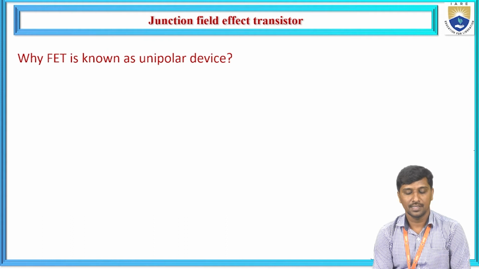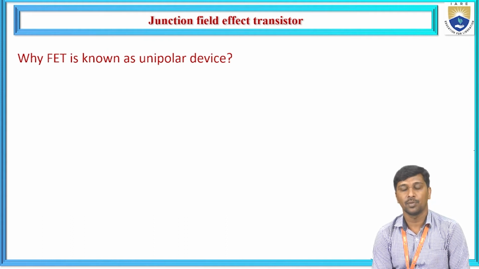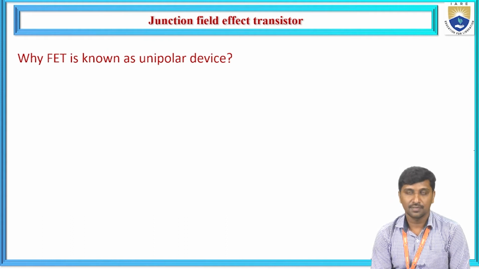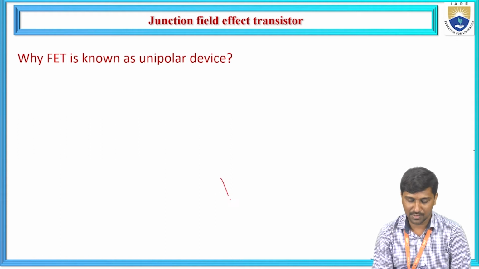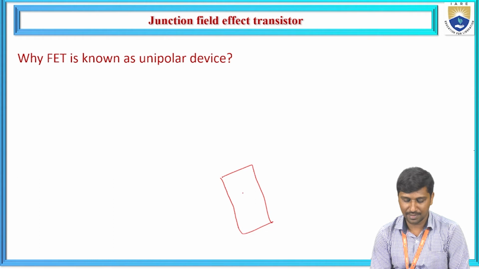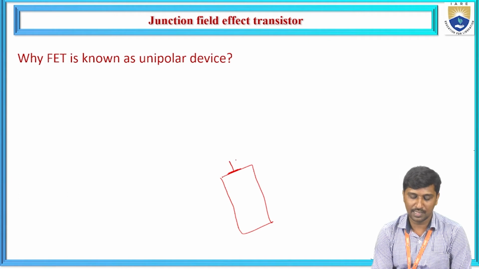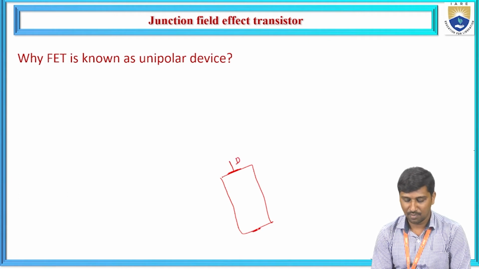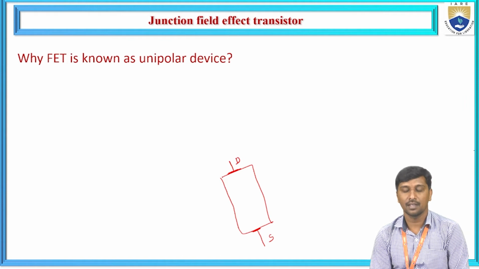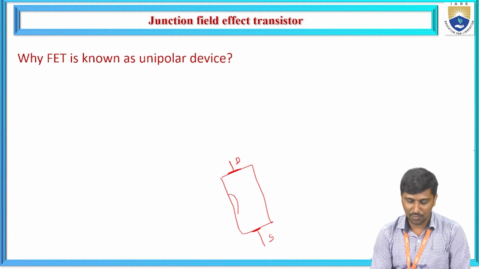Now, why is the FET known as a unipolar device? Based on the construction of the field effect transistor, let us take this as a semiconductor material, either N channel or P channel. One end is connected with a drain terminal and one end is connected with a source terminal, and on opposite sides they diffuse the opposite material at the channel.